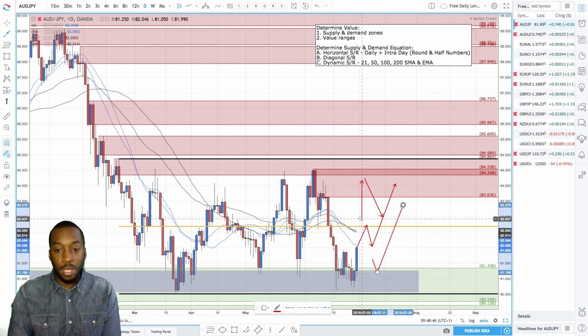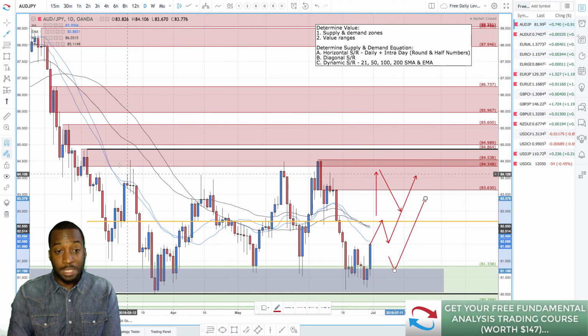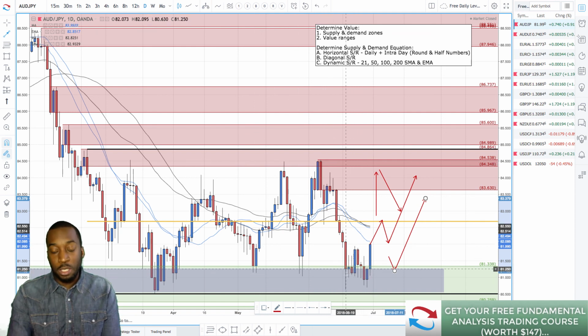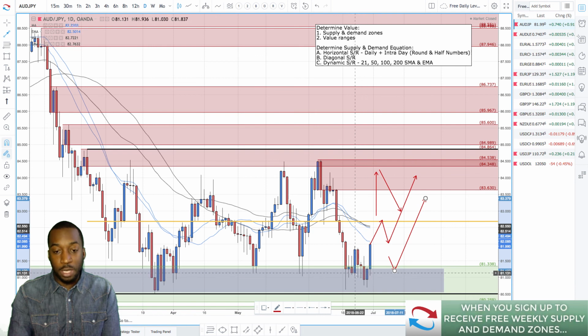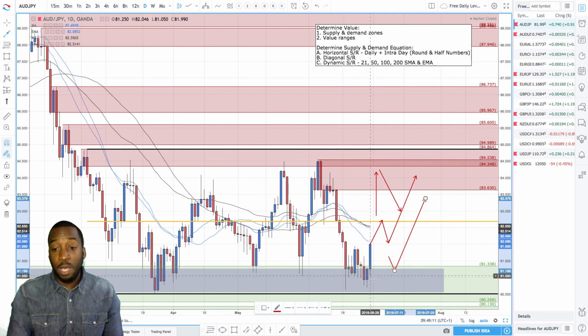But from an entry perspective, my analysis, we were at the bottom of this range. Tops and bottoms of ranges are usually my preferred way of entering, and identifying ranges, identifying fundamentals. Risk is actually on at the moment. The yen doesn't do well in a risk on environment, and this is where I thought the Australian dollar was undervalued and really a bargain area.